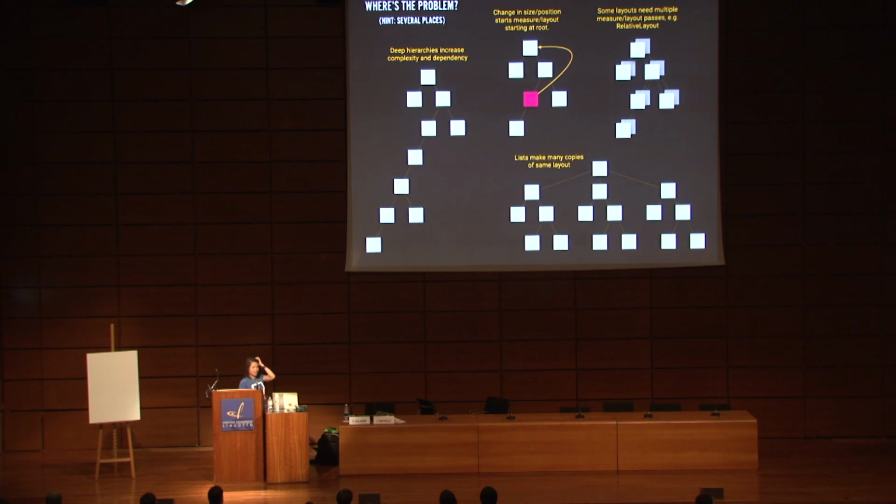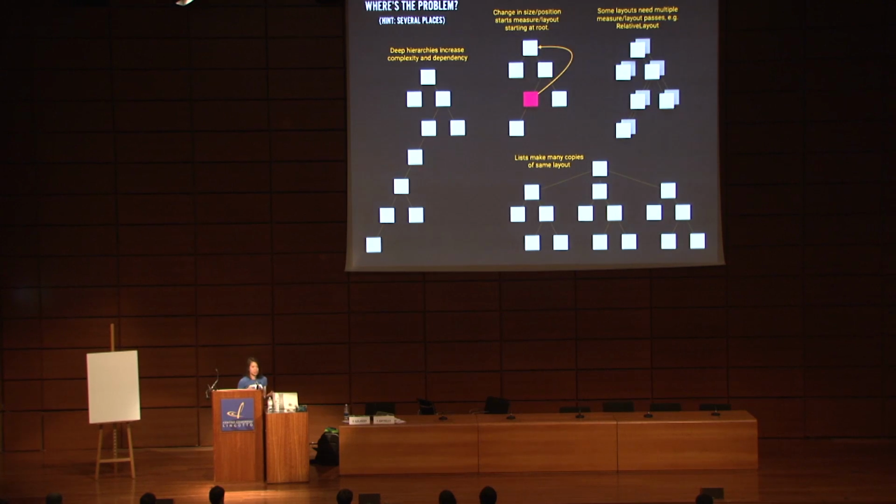And finally, lists. You can't get away from lists on Android, right? Pretty much every app you could think of has a list. Gmail, Hangouts, everything has lists in it. You might say you have a view. It's not the most efficient view, but it does okay on its own. Now, what if you took that view and copied it a dozen times, 24 times? Something that might be okay performance-wise on its own starts to get janky and cause more problems.